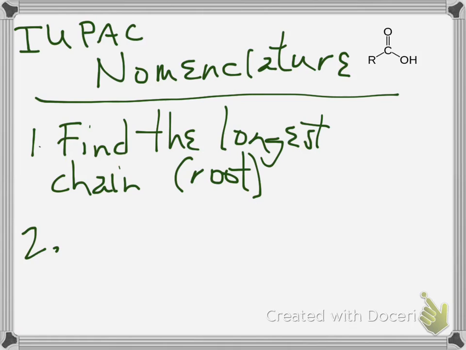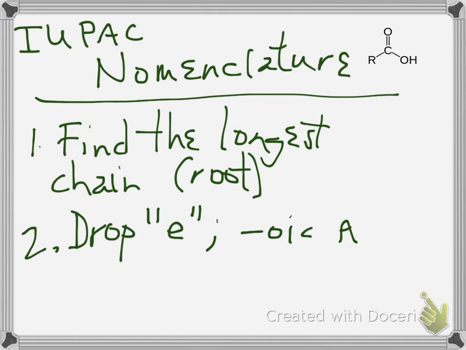You would name that alkyl chain, but you want to drop that terminal E, like what we've done in the past with alcohols, for example. And you add the following ending. The ending is oic acid. Okay, so let's do some examples.